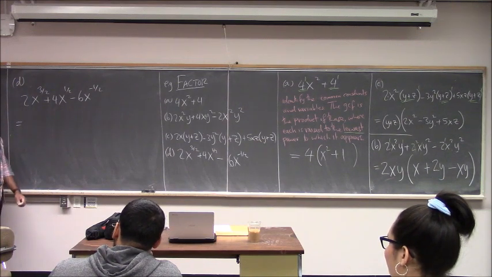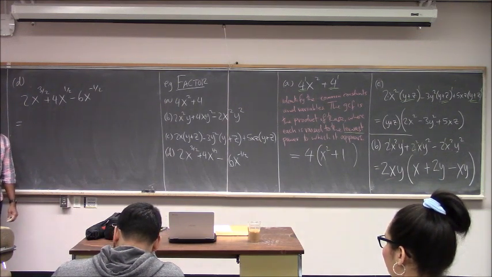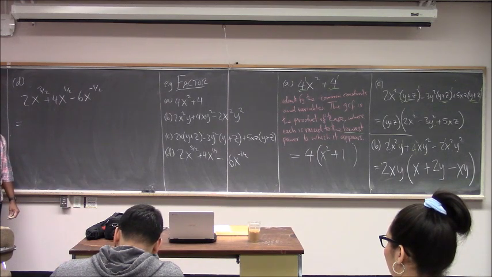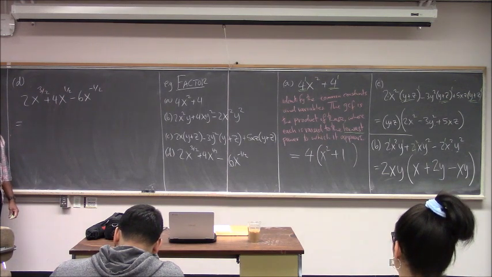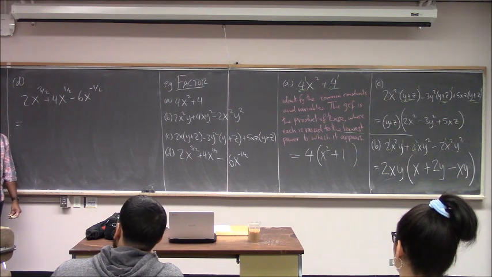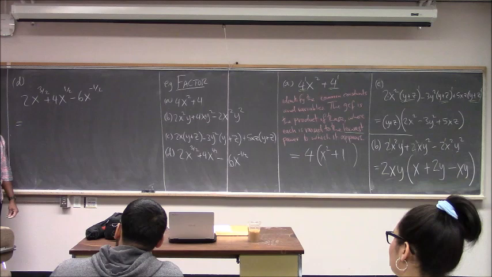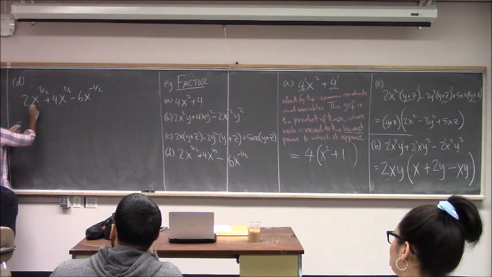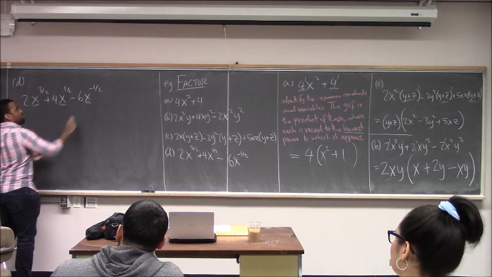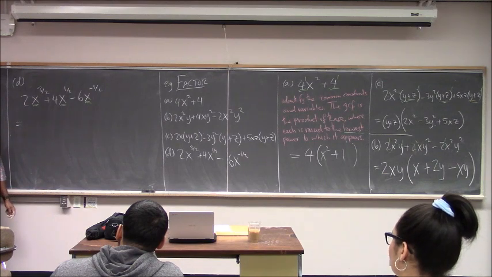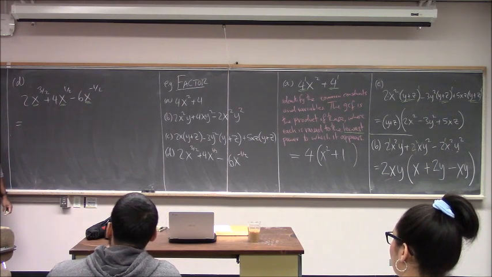Why not? What is the GCF? Would it just be 2? Nope. An x is in everyone. So there should definitely be an x factor. Well, which x? The last one.